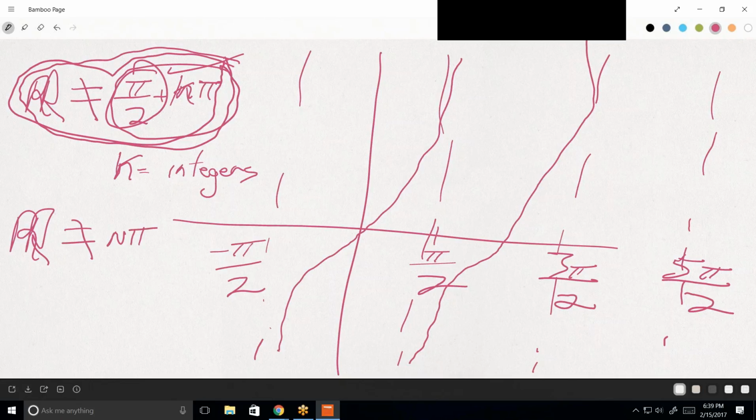I don't need the first part because the first asymptote comes at 0. Whereas with the tangent curve, the asymptotes come at minus pi over 2, plus pi over 2, 3 pi over 2, and so forth. The only way to describe that sequence of vertical asymptotes is by this designation up here.